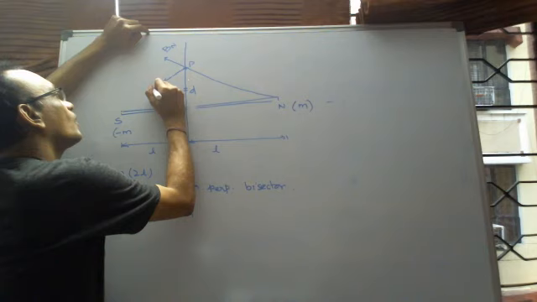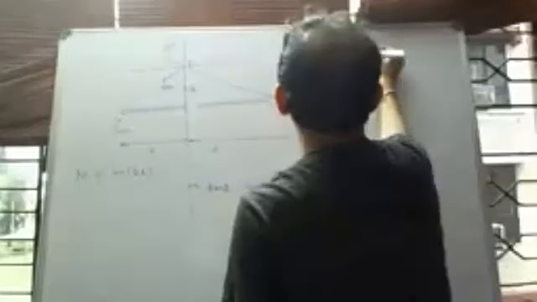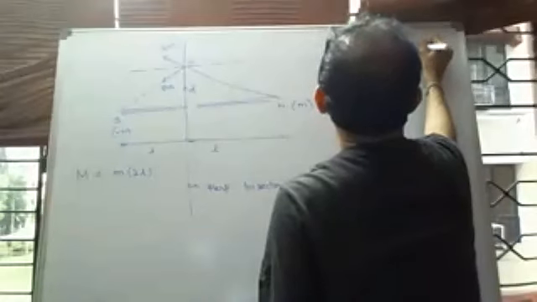Magnetic field because of the south pole will be like this. The magnitudes of Bn and Bs are the same, because this distance and this distance are the same. Both are mu naught by 4 pi, with m in place of q, divided by this square, or this square, which is the same.